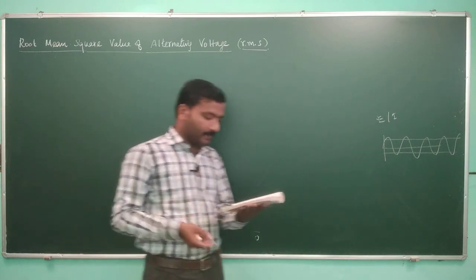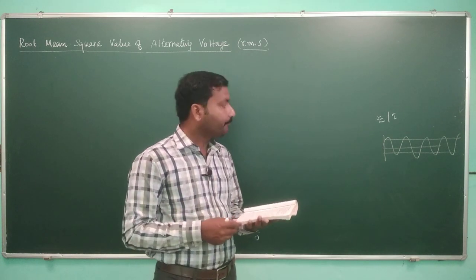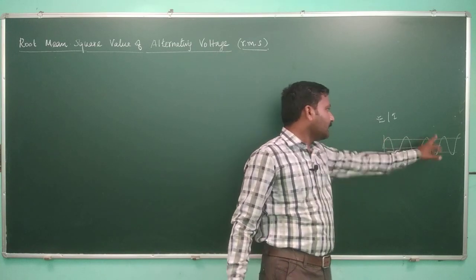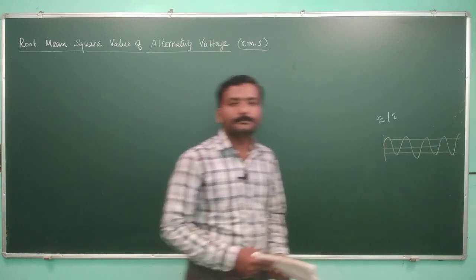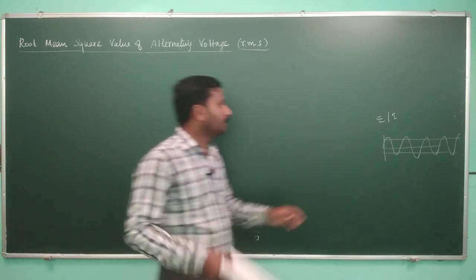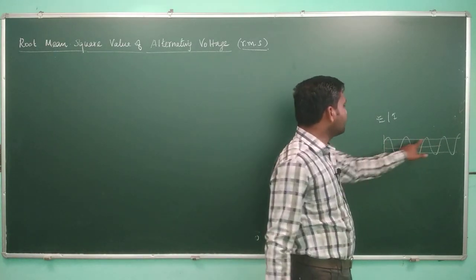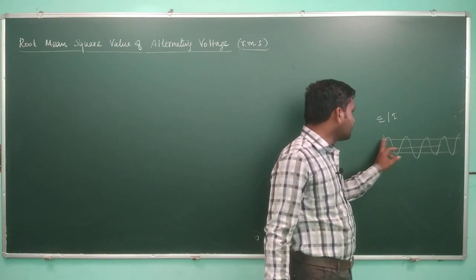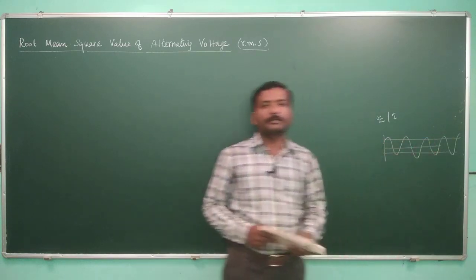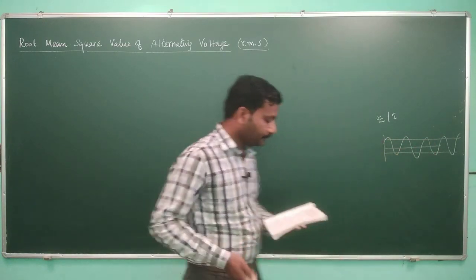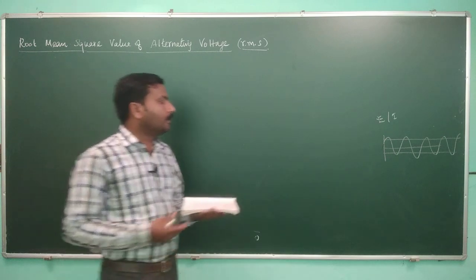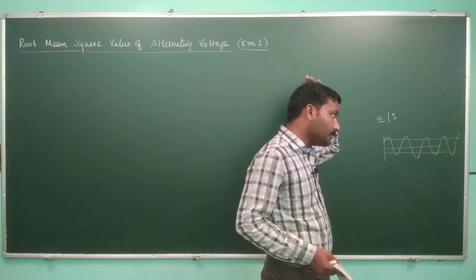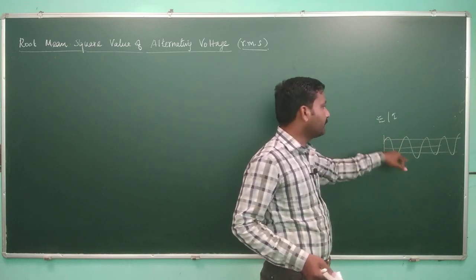It is an average value of ever changing current or ever changing voltage, less than the peak value. Not exactly an average, it is an effective value, because if you take the average, it becomes 0. It is an effective value of ever changing current and voltage.